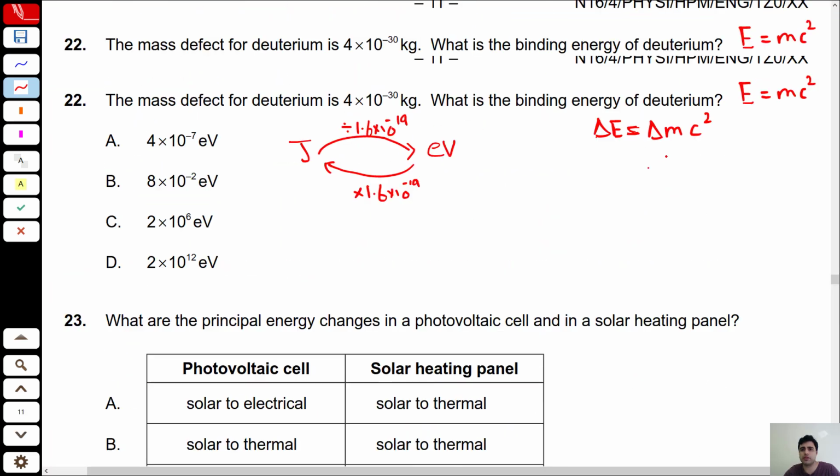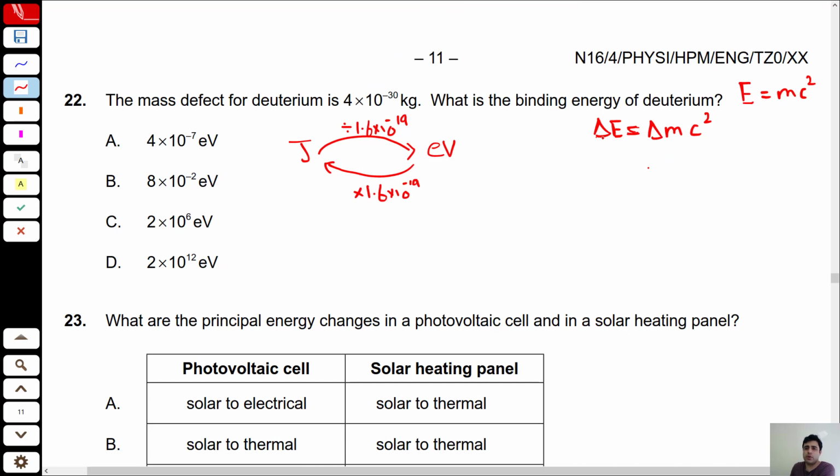This is the conversion. Since this equation gives everything in SI units, c is the speed of light in meters per second, m is the mass defect in kg, that will give us the energy in joules. So we need to convert the energy in joules into electron volts. To do that, we need to divide by the elementary charge, which is e.